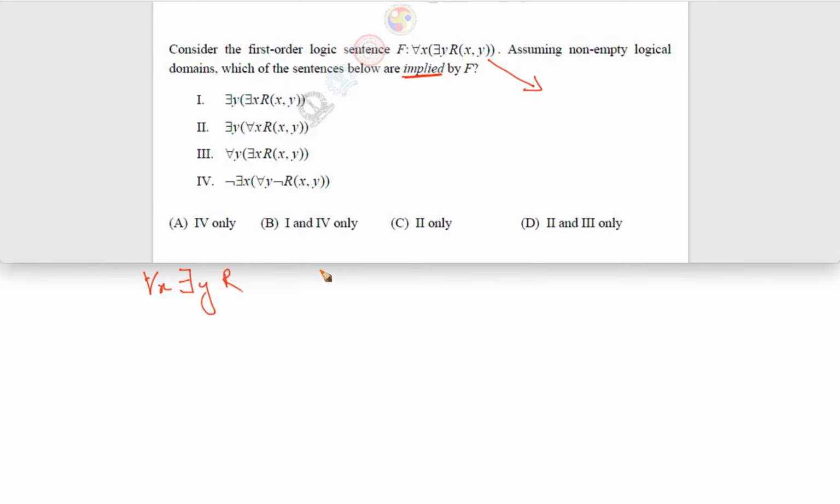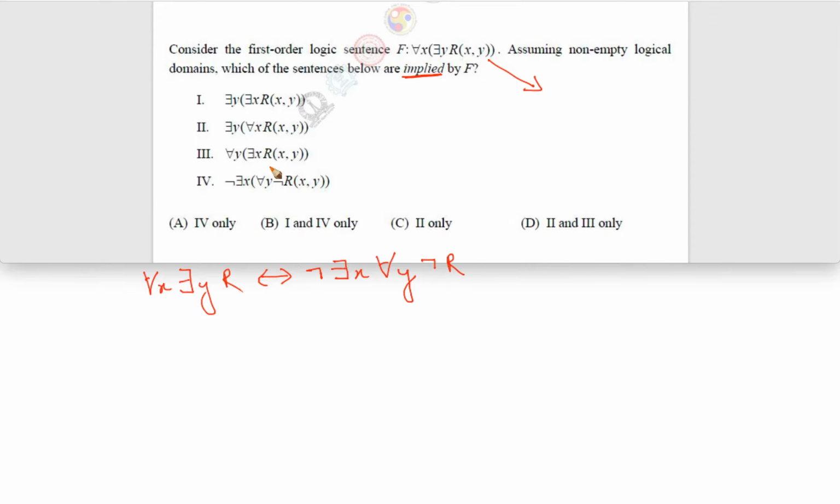So for all x there exists y r is basically equivalent to this: I will take two nots, and one not I am going to insert inside. So not of this entire thing is going to be what? The signs will change. So for all becomes there exists, and there exists becomes for all y, and then after that not r.